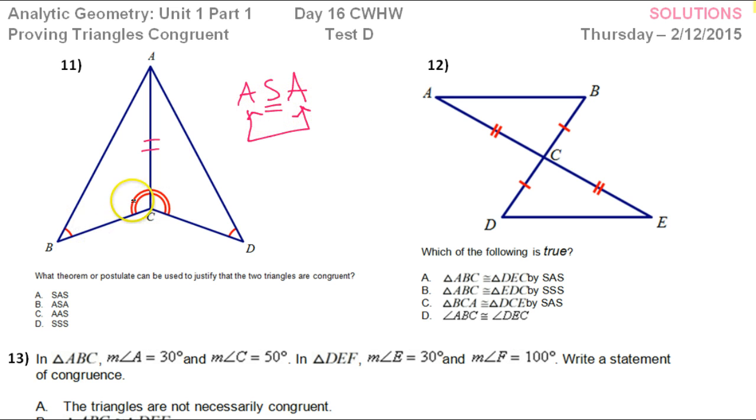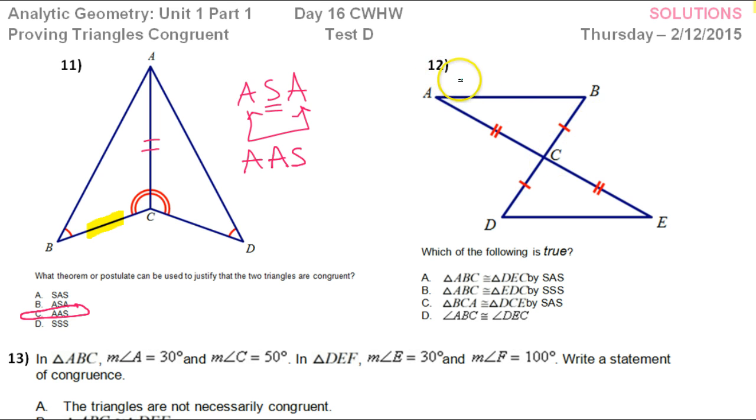But here I have my two angles, and this is the side in between them, not this one. So when you have two angles and the side that's not between them, that's when you call it angle, side. So that's why C is going to be the answer. Angle, side.